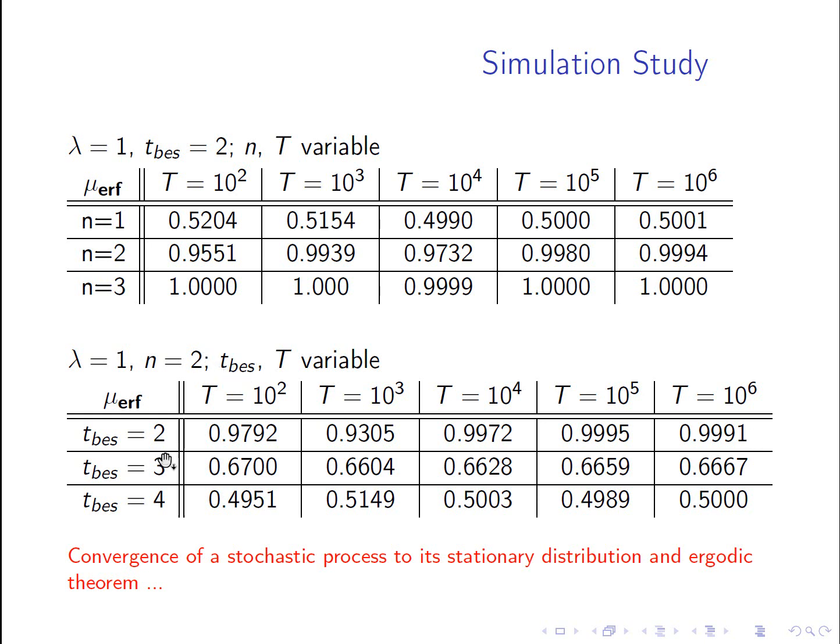If we have 2 lines and the working time is increased to 3, then basically 2 out of 3 customers are accepted on average, and if we move the working time up to 4, then we again have only 50%.